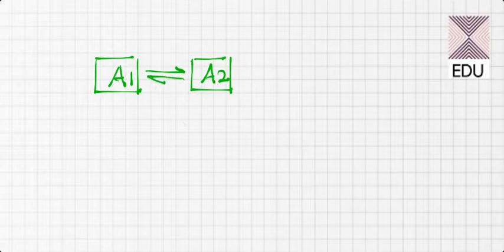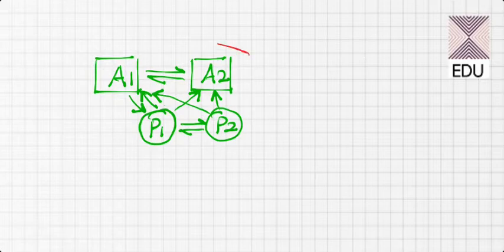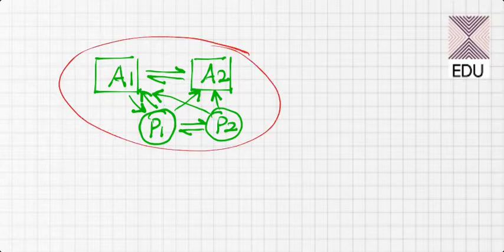And then we have some plants, P1 and P2. They are also interacting with each other, and the animals are also interacting with the plants. So this type of interaction is present in a forest. I'm just taking one example. This interaction is a very important aspect of ecology.